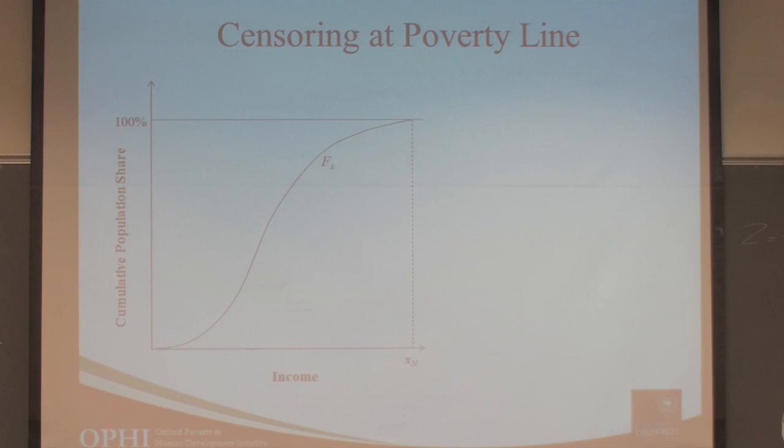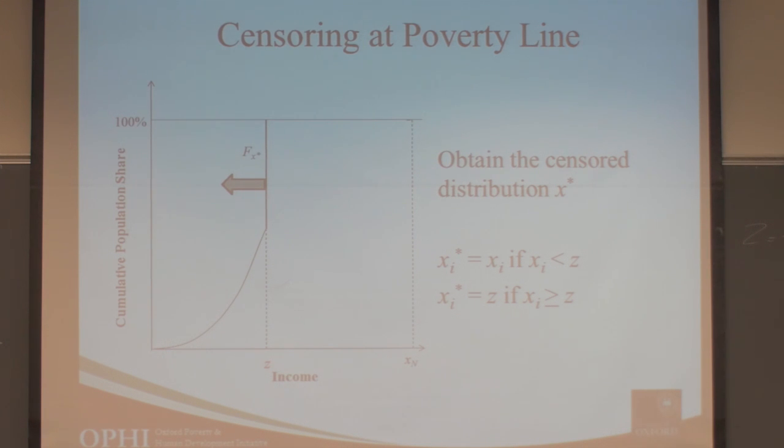Now, if you have the entire distribution and you know your poverty line Z, how are you going to censor this distribution? Graphically, those who are equal or above the poverty line, you just substitute their incomes by the poverty line. So you're censoring, but you retain them, you don't drop them.